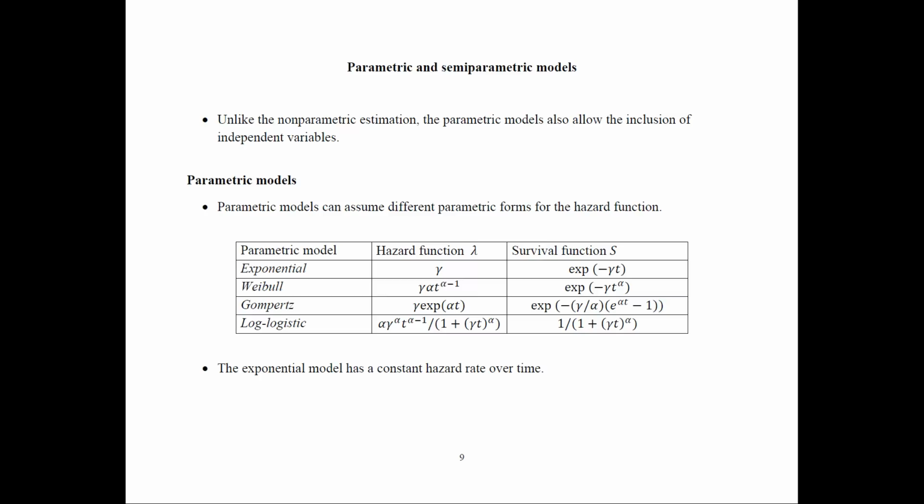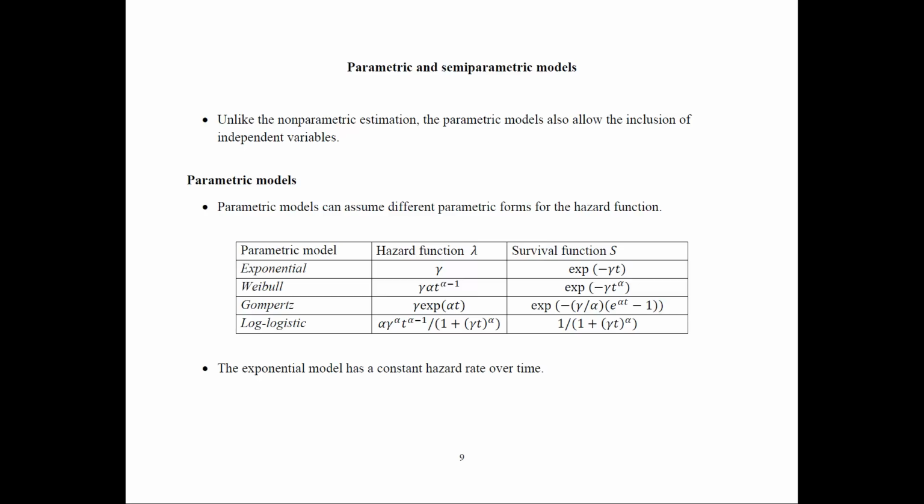So let's look at the simplest one, the exponential distribution, and the hazard function lambda would be just a constant gamma. The survival function that corresponds to this hazard function would be exponent of minus gamma t, and t is the time or the periods that we have our study at.